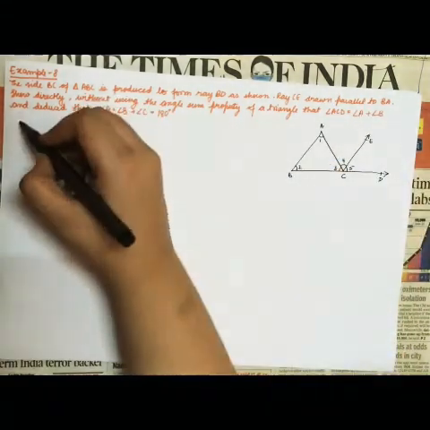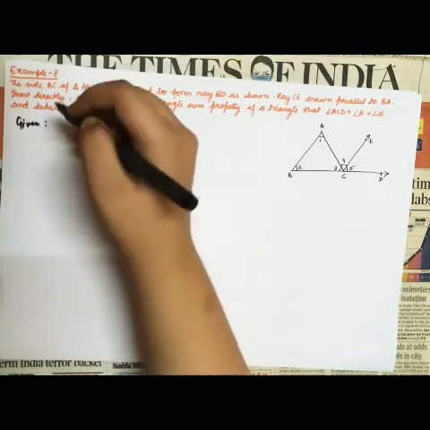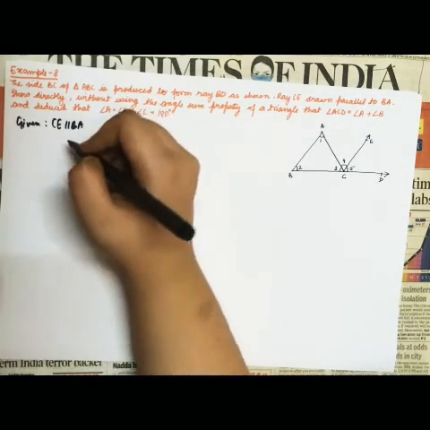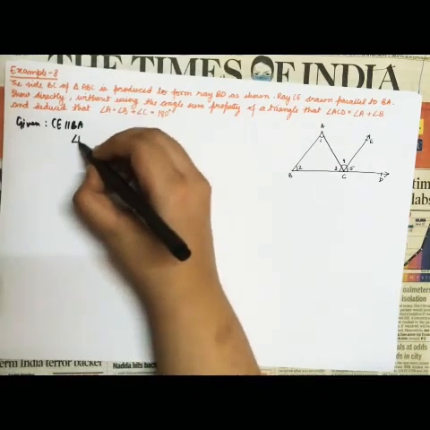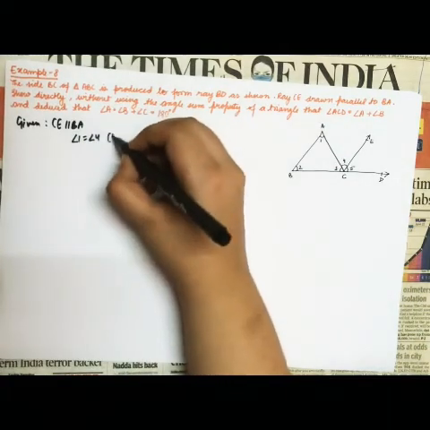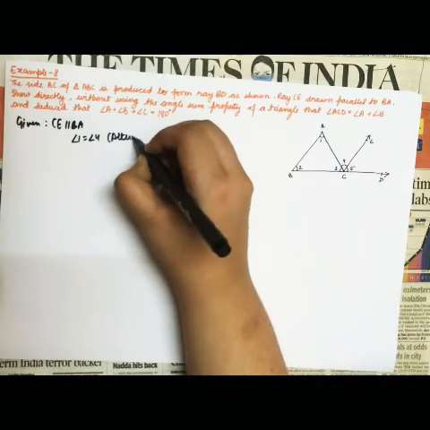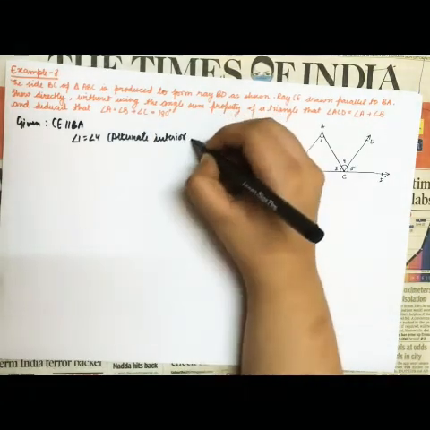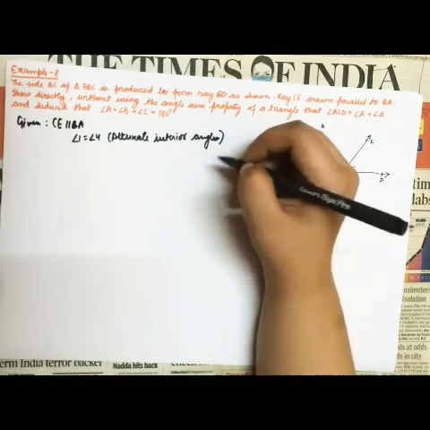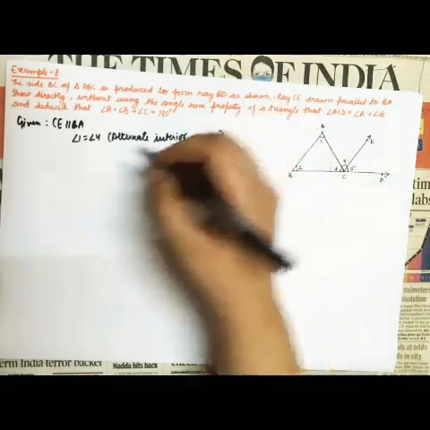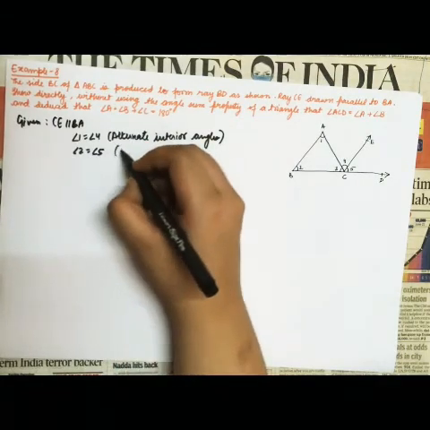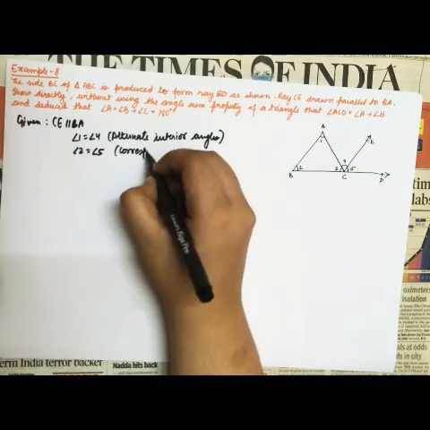So in this we are given that CE is parallel to BA. So now we can say that angle 1 is equal to angle 4 because of alternate interior angles. And angle 2 is equal to angle 5 because of corresponding angles.